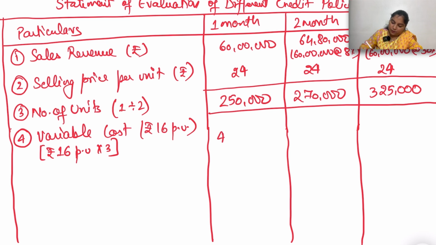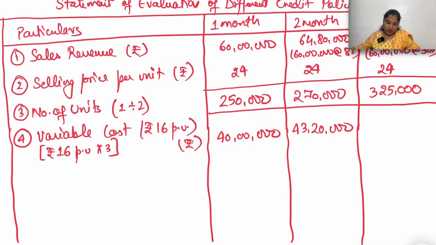In the next case we have 2,70,000 into 16, that is 43 lakh 20,000, and in the last case we have 3,25,000 into 16, that is 52 lakh. Please satisfy yourself, don't memorize.